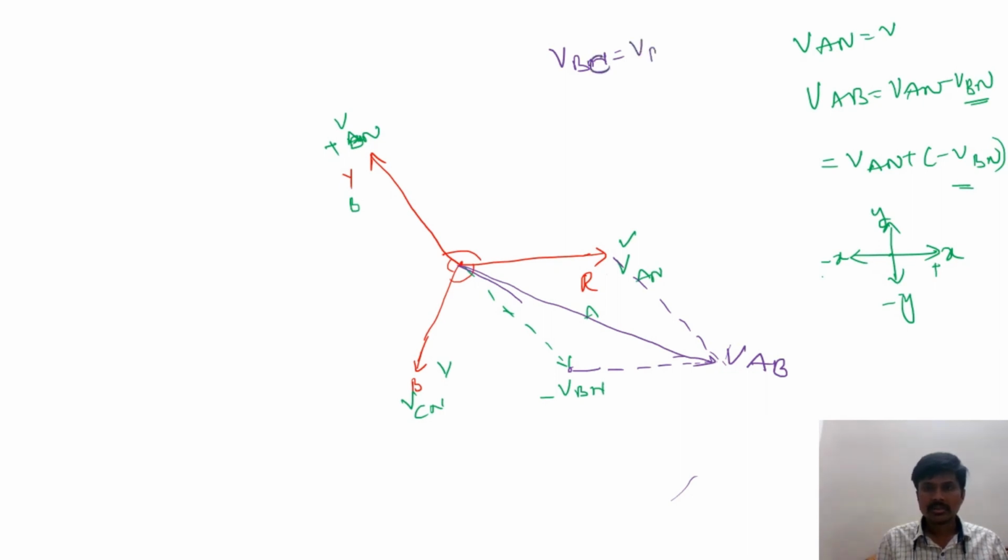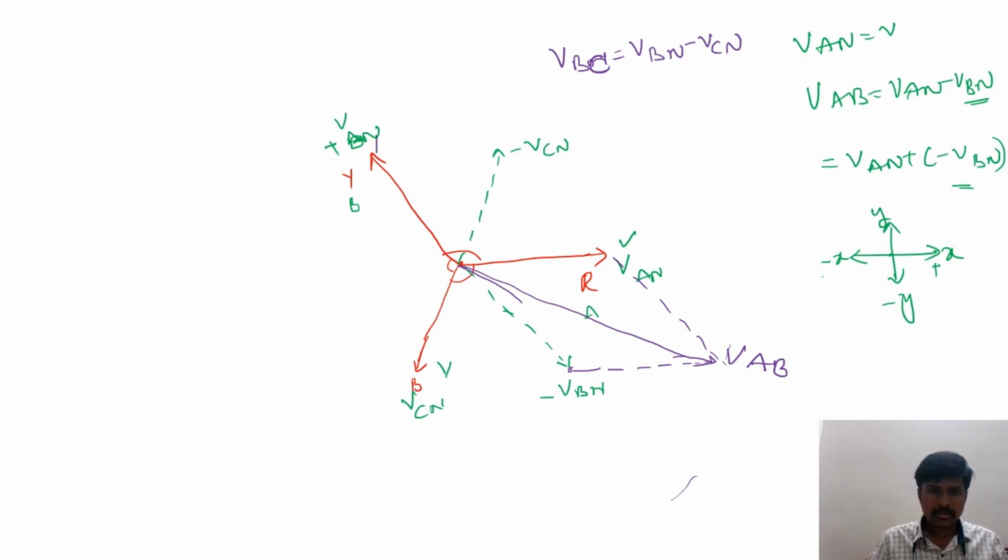Right? Now in the same manner, go for the other one. VBC is equal to VBN minus VCN. So here VBN is there, but we don't have minus VCN. So we can take the mirror image of VCN, which will give you minus VCN. Again same method to get the resultant.